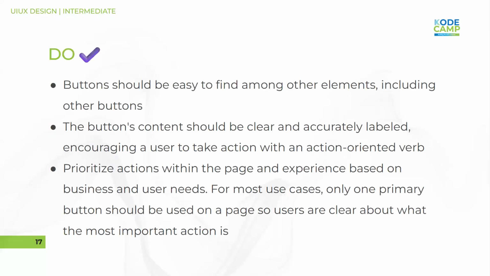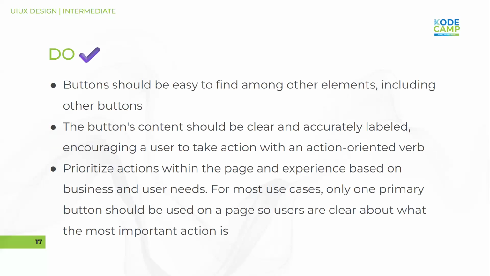So we say buttons should be easy to find among other elements, including other buttons. That's why, for the most used buttons, where we want users to actually focus, we use primary buttons when designing, so that they can be catchy and stand out among other elements.